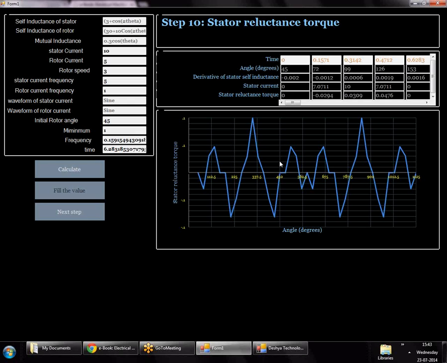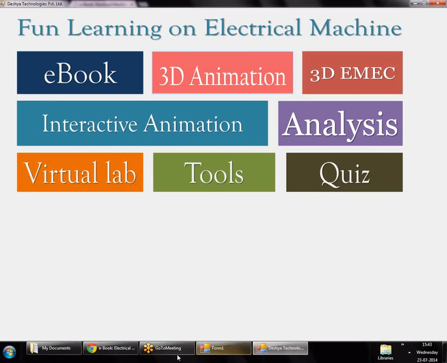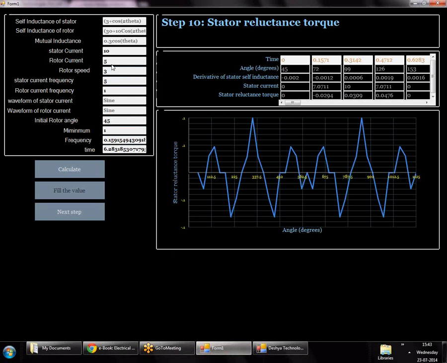Now if we see here, if we integrate this waveform over a time period, that is a couple of rotor rotations, then we see that the average value is equal to 0. So the average value of the stator reluctance torque produced here is 0, and that is true because we have seen in our discussion already that for the stator reluctance torque to have a non-zero average value, the frequency of the stator current should be equal to the angular speed of the rotor.